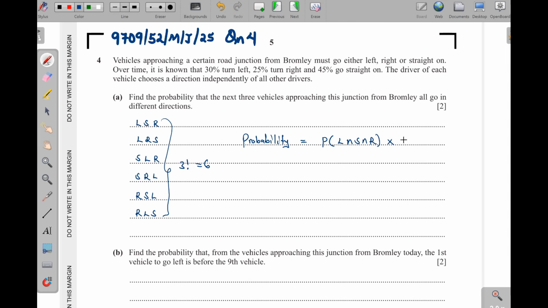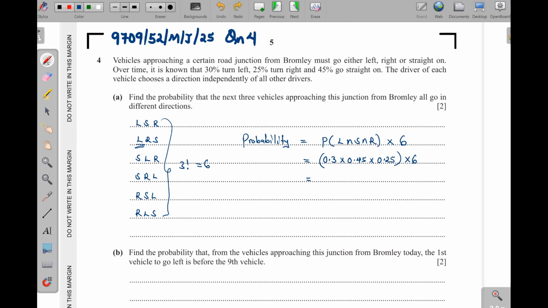Times 6. So now for the left turn, it is going to be 0.3, then times the next one, which is 0.45, and then the other one is 0.25. Then from here, we multiply by 6, because in all of them you have those probabilities there.